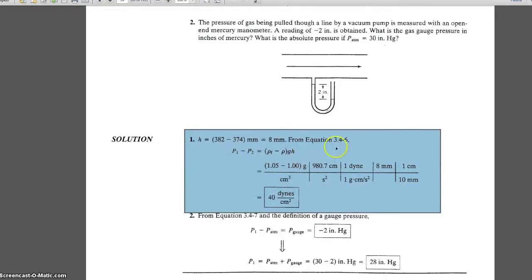So they use the equation 3.46, which is P1 minus P2, the pressure difference.